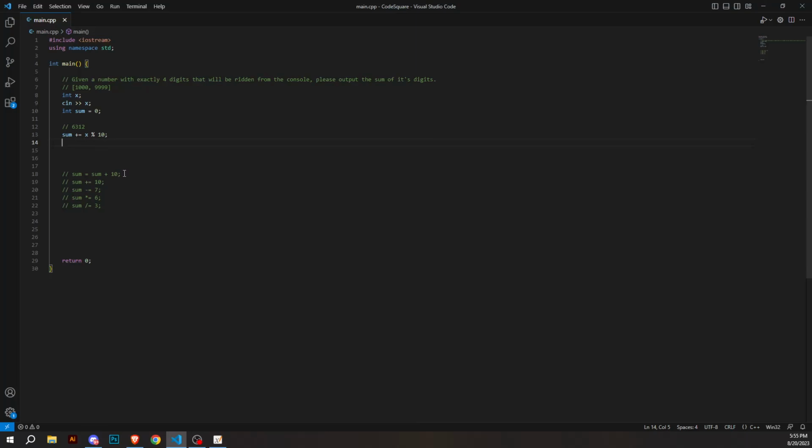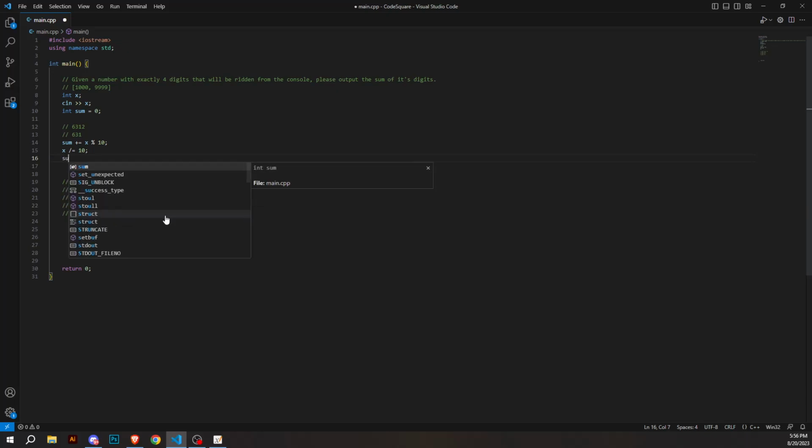Well, in this case, we can actually do x divided equals 10. Basically, we divide x by 10, and now our number, instead of being 6,312, is going to be 631. Okay, so after this line, we get rid of the last digit of the number.